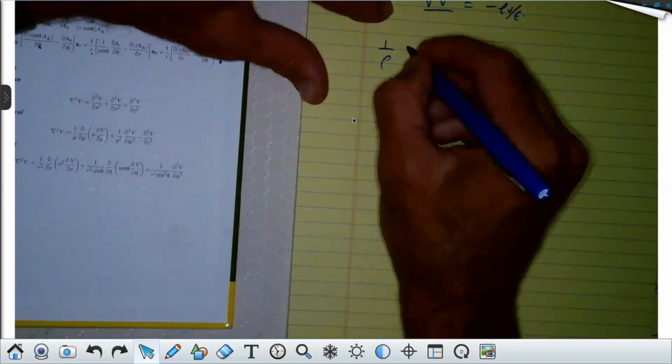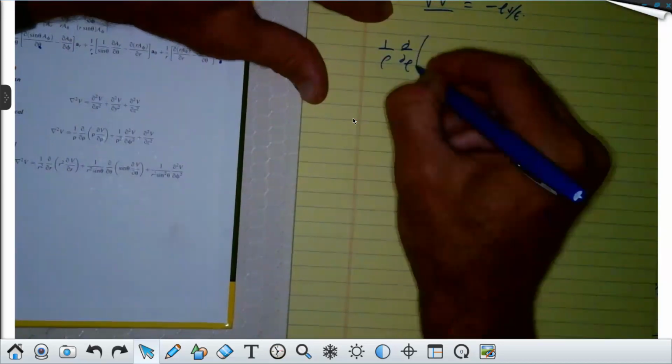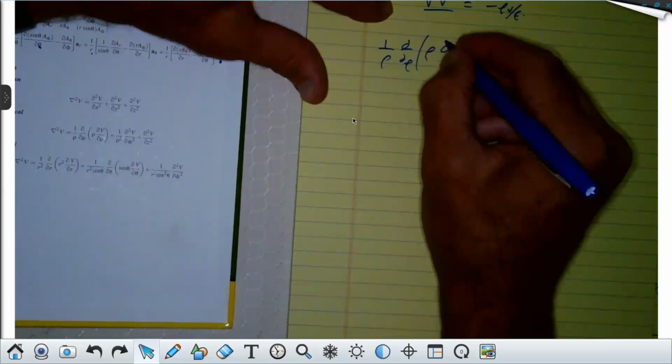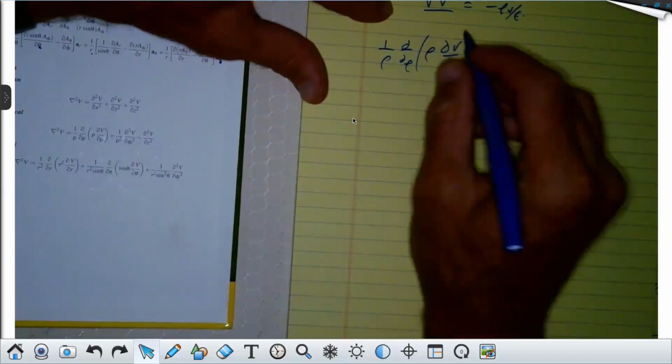It could be spherical, it could be cylindrical. And then you'll break this thing out into its differential equation. Now, in cylindrical, if it's cylindrically symmetric, you get 1 over rho d d rho of rho times dV d rho. That's what del squared would be.